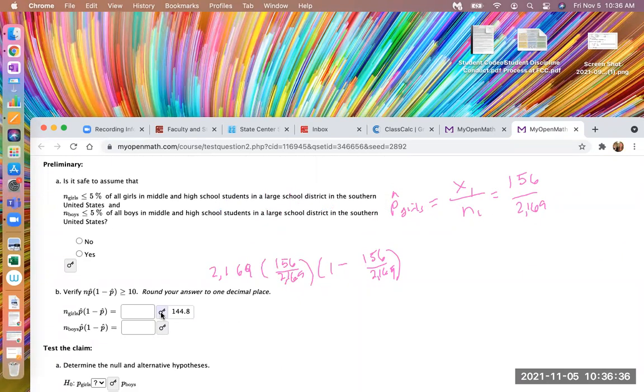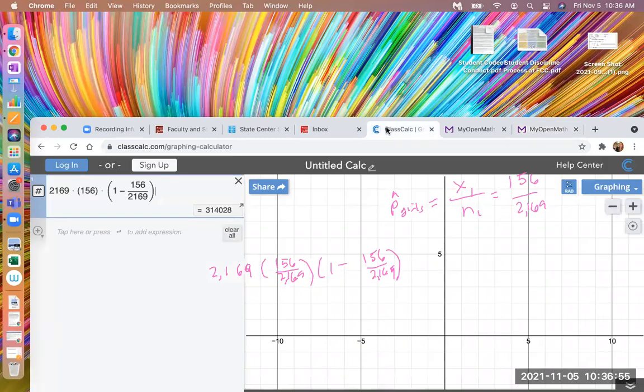Whoa, we got a way different answer than theirs, though. What in the world? n of girls times p. Is it calculating it correctly? I will have to look into that. 2,169.